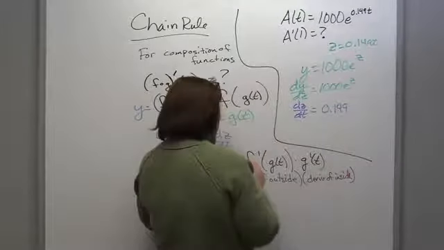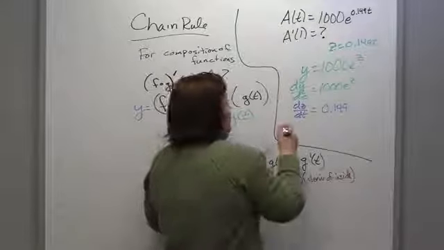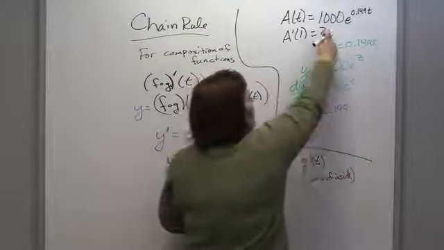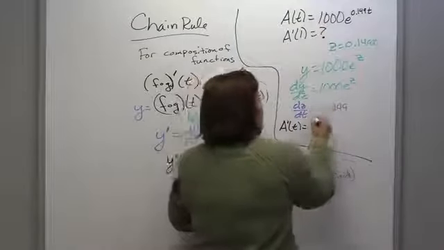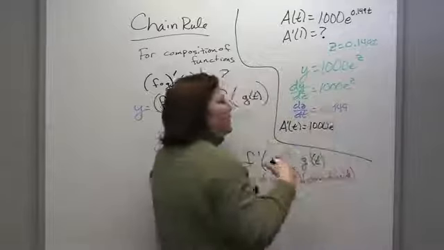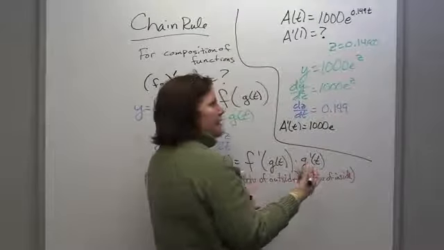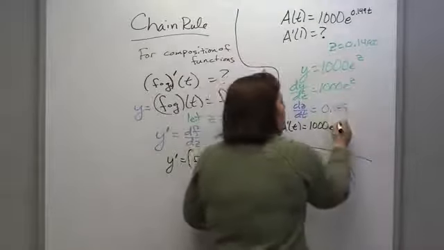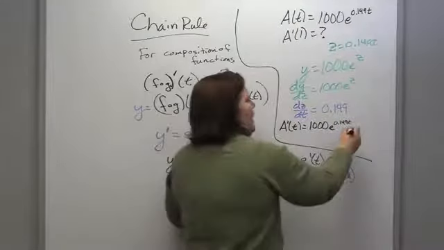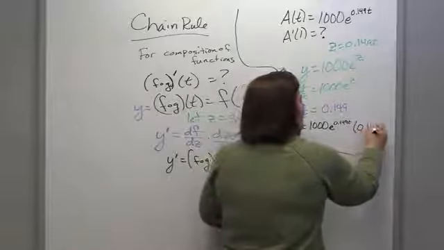So what this gives us is that the derivative of our function is 1,000 e to the z. Well, z doesn't make any sense in this case, so I'm going to write what z equals, times 0.149.